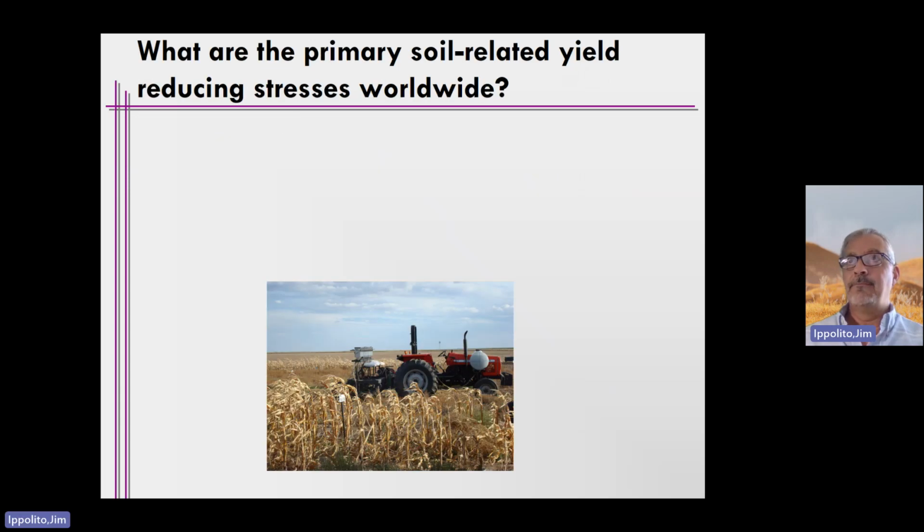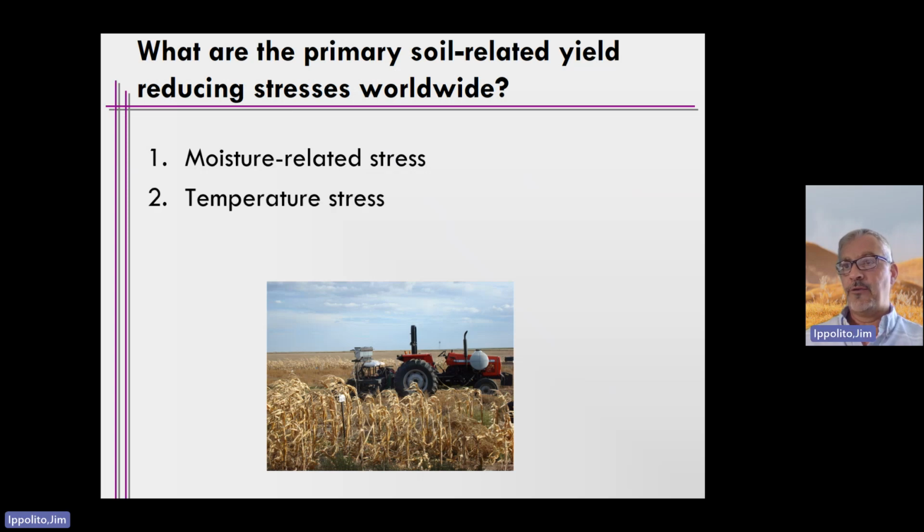So, with that said, what are the primary soil-related yield reducing stresses worldwide? There are three. Moisture-related stress. It is simply too dry. This is prevalent in the Western United States currently. Temperature stress.